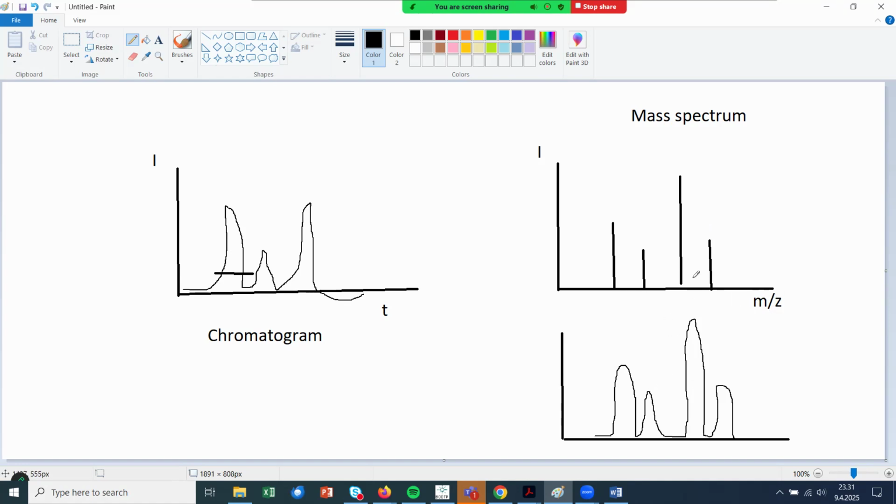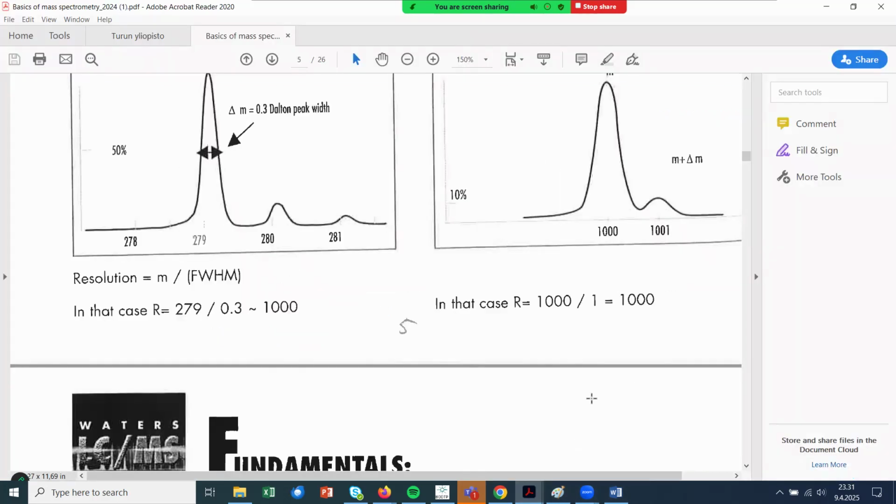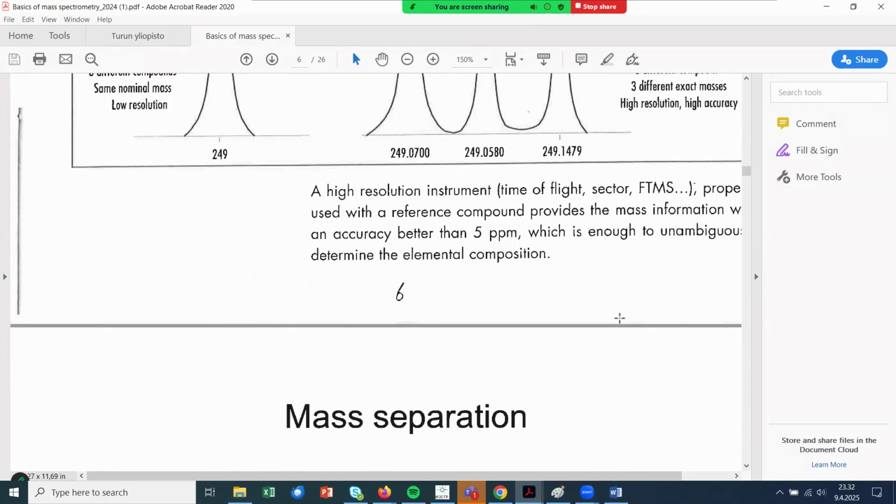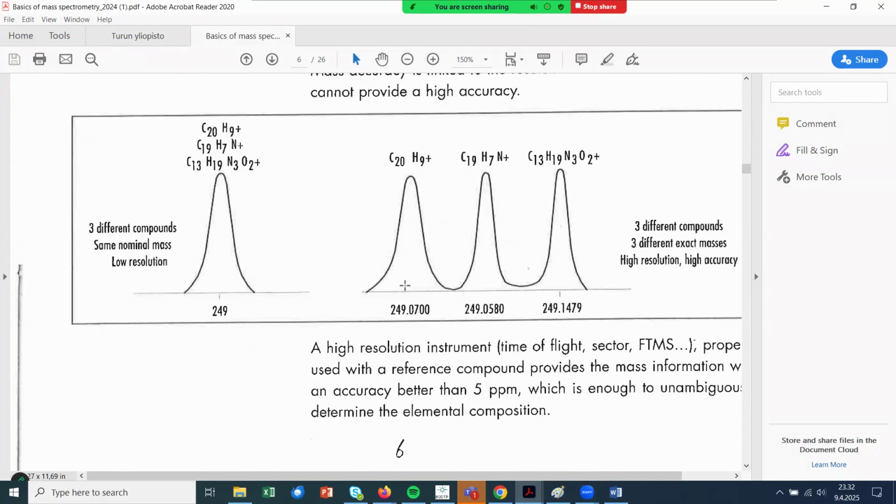If these mass spectral peaks are narrow, then we can really separate neighboring peaks from each other, even if their mass differences are very small, as was the case here.